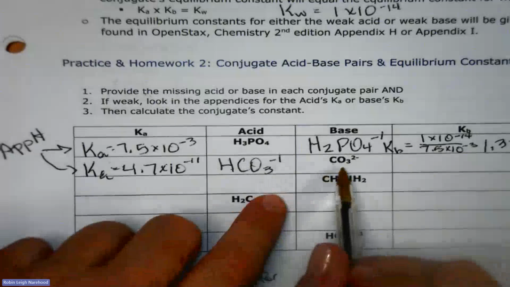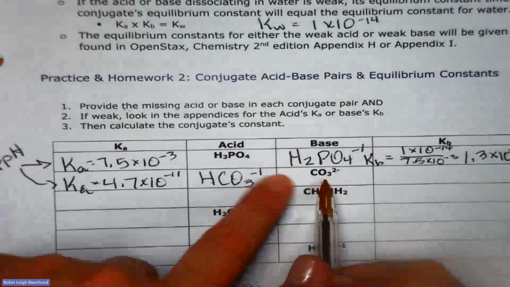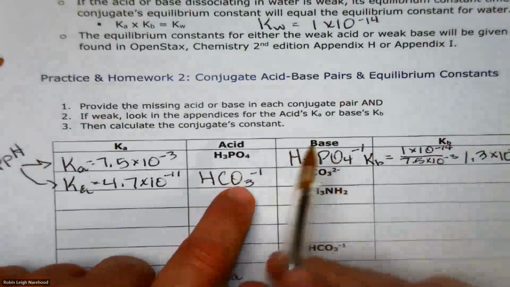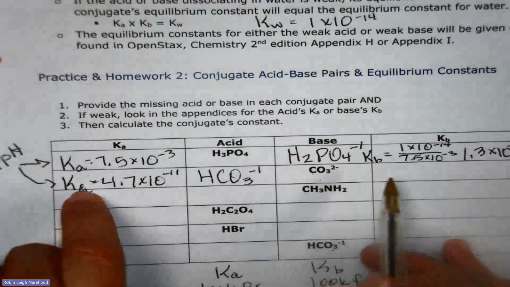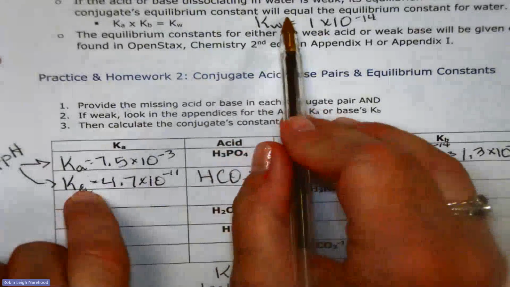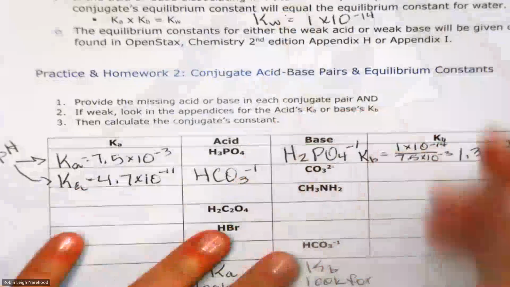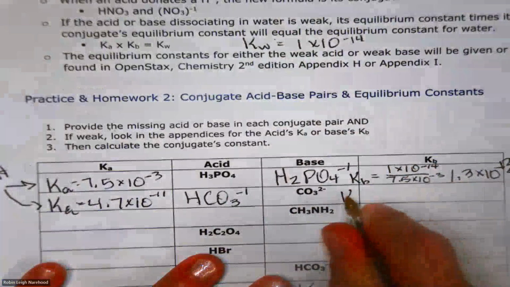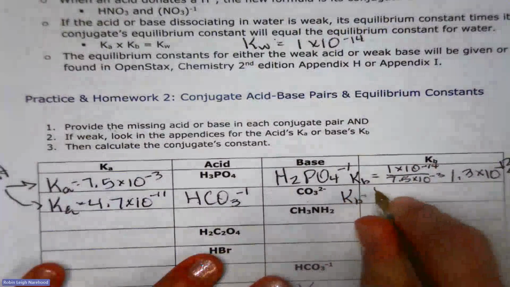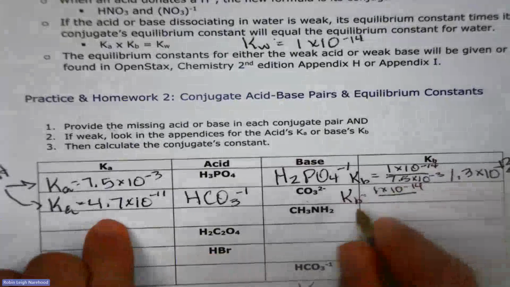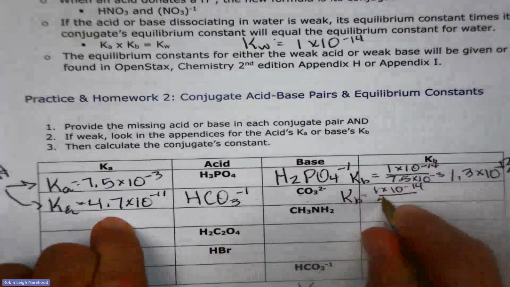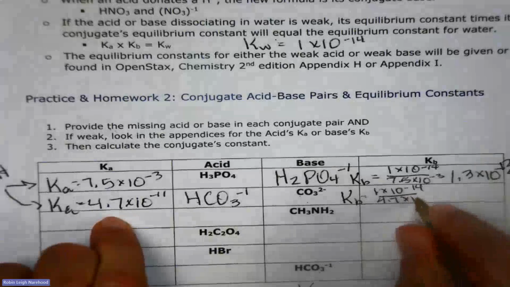Okay, so how do we calculate carbonate's Kb? Since these are conjugates, the conjugate acid-base Ka times Kb will equal Kw. And so the Kb is 1 times 10 to the -14 over the number that we looked up, 4.7 times 10 to the -11.